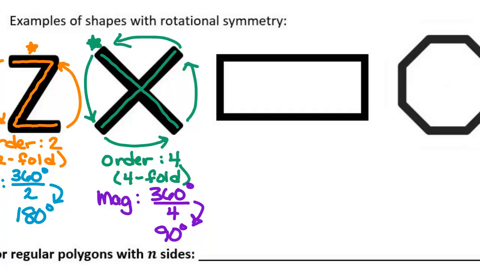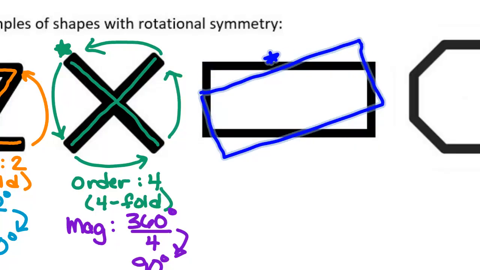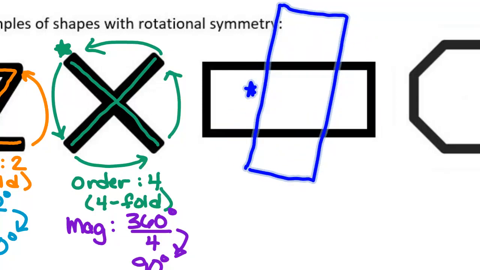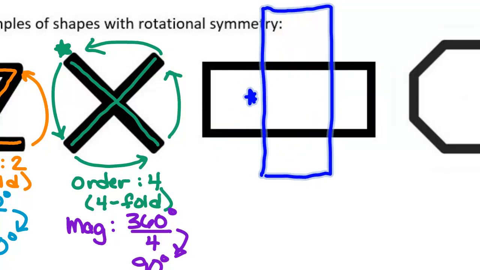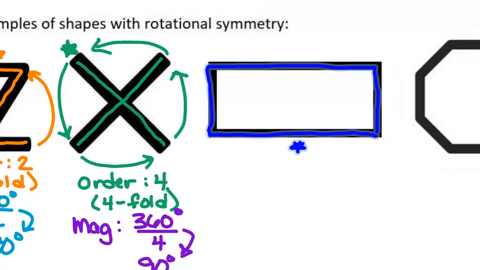My rectangle. Do I have any kind of rotational symmetry with my rectangle? Yep, let's trace around it. I'm going to mark the top of it so that I'll know when I get back to where I started. If I start rotating, it does not land on top of itself like this. But if I keep going, it landed on top of itself like this, right?